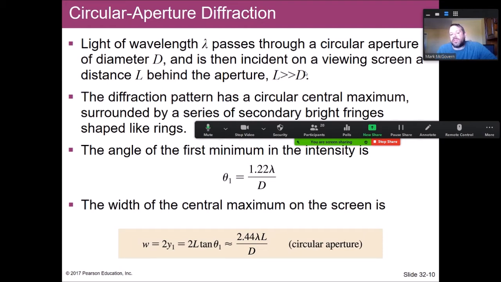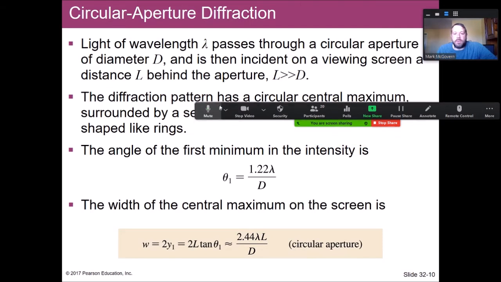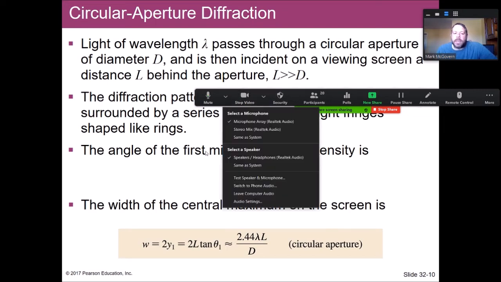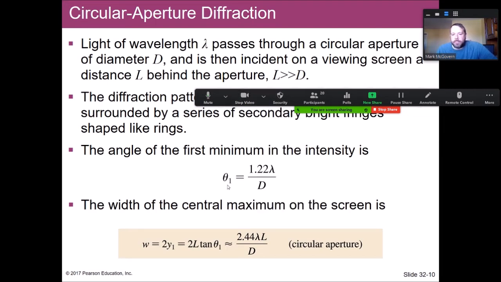This is obviously true for a star, something very far away. And d represents the diameter of the aperture. If it's a telescope, it'd be the mirror or the lens or whatever. The fringes we've seen are rectangular shapes, which is a reflection of what the slit looks like.